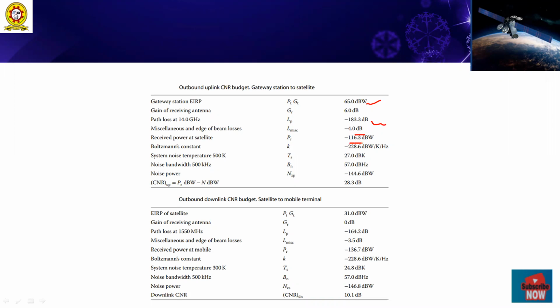Like this, with various parameters, they will be able to build the outbound link budget sheet.